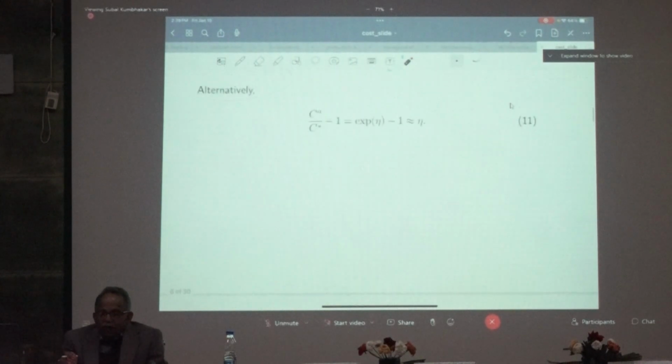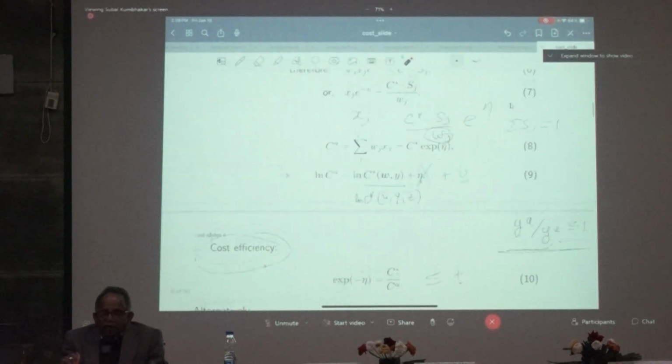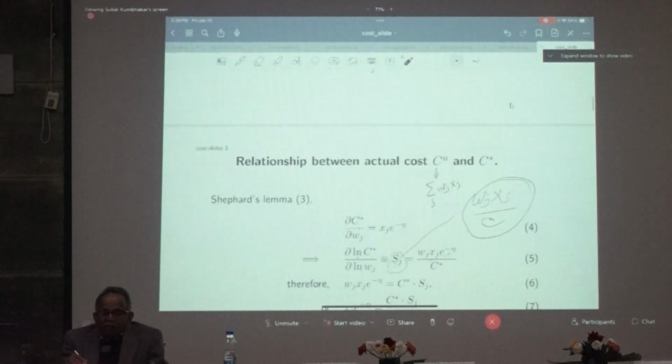So if the prices go up by lambda, what will happen to cost? Increase by lambda. So this is not an assumption. This is a definition of cost. Do not think that I'm imposing a restriction for the cost function to be homogeneous of degree 1. It has to be satisfied, because it comes from the definition of cost.